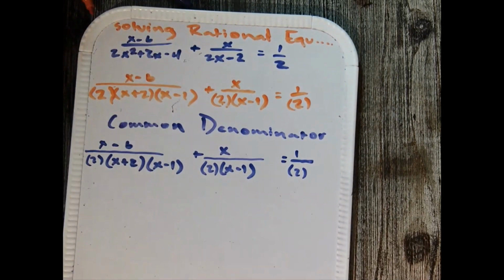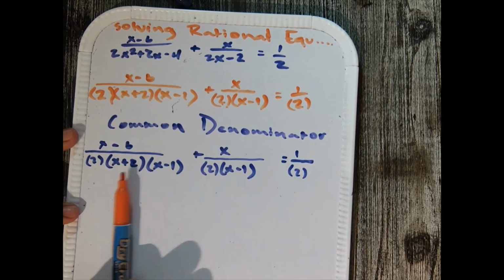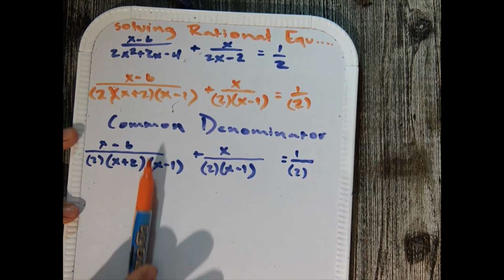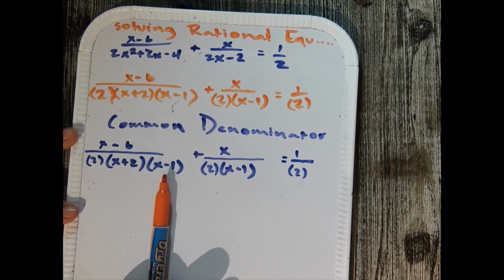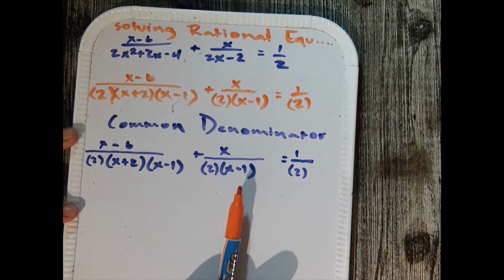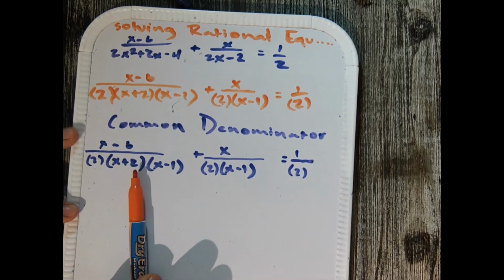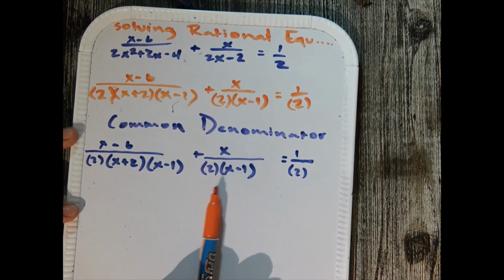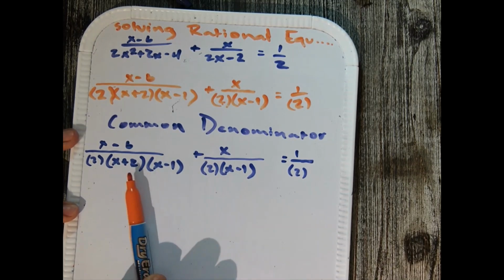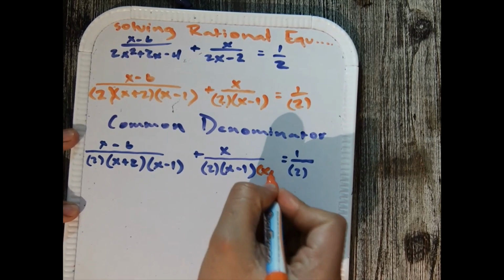All right, now in this equation, the first fraction has the lead denominator. So these two denominators, we have to make them look like this one here. My middle fraction, the denominator of this fraction, what this one is missing that this one has is the x plus 2.